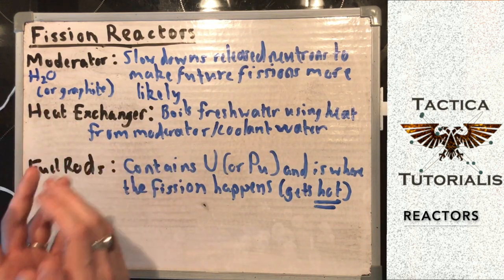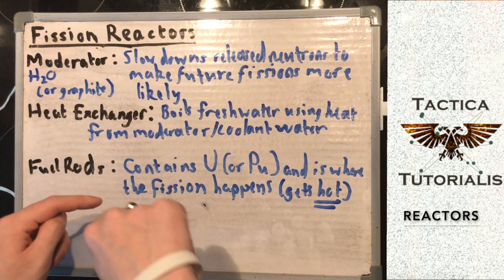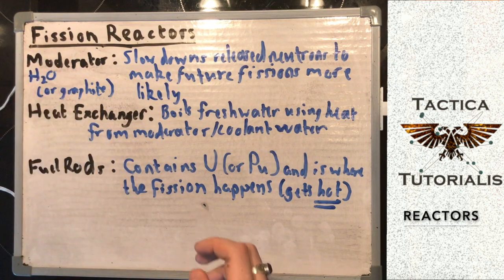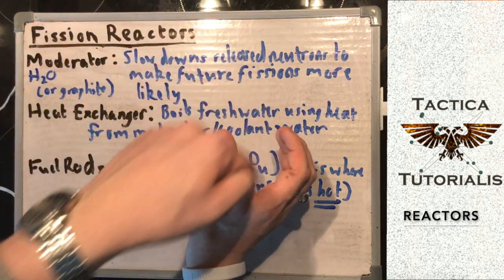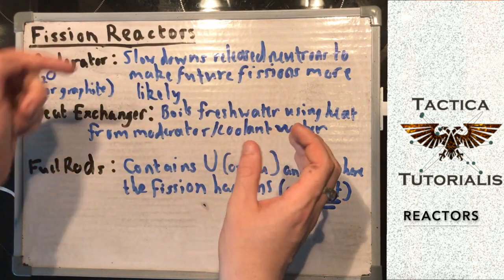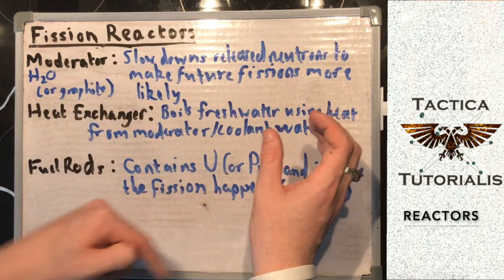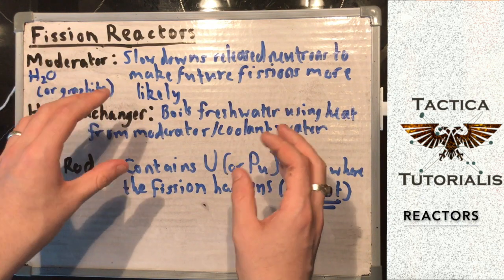And that's bad. We don't want that water going anywhere. So we pump it in a closed loop from the reactor core into the heat exchanger, around and around, so it goes into the heat exchanger, cools down by transferring its energy, and then goes back into the reactor core to act as a moderator and coolant all over again.